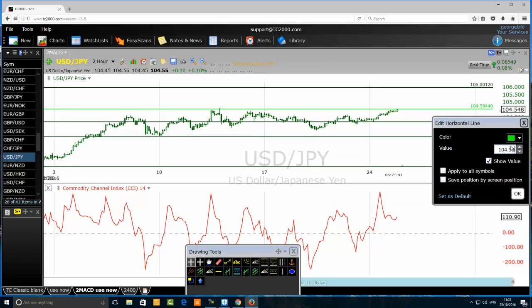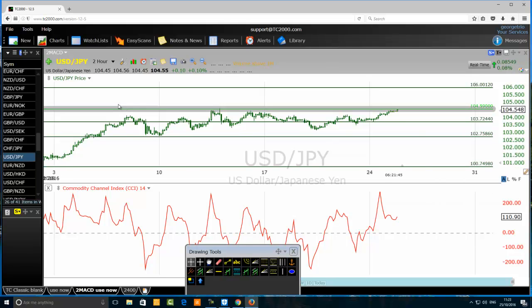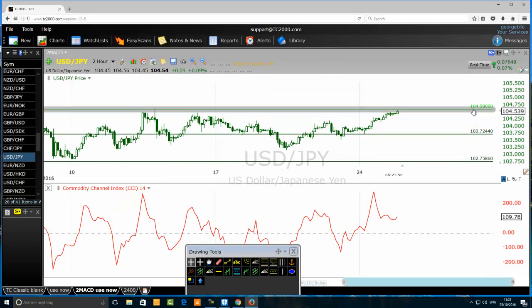I'm using a limit order to buy this currency pair at 104.59. That order will be filled when the price rises up to 104.59. So far, it's not yet filled. It will only be filled when the price reaches that level.